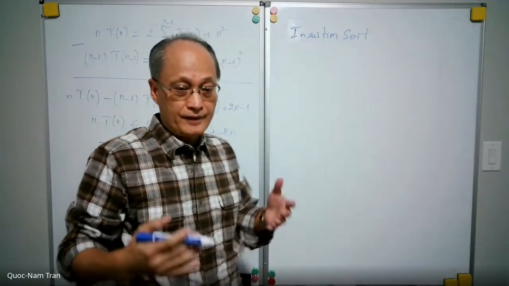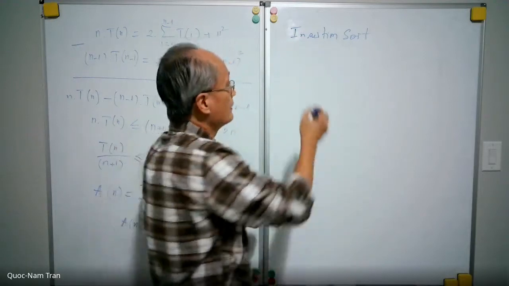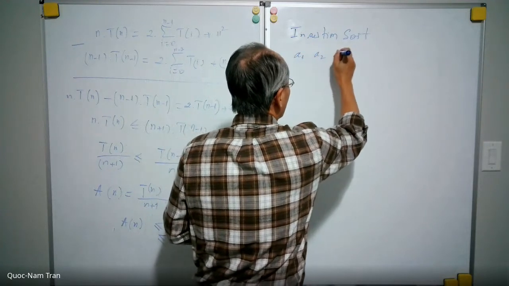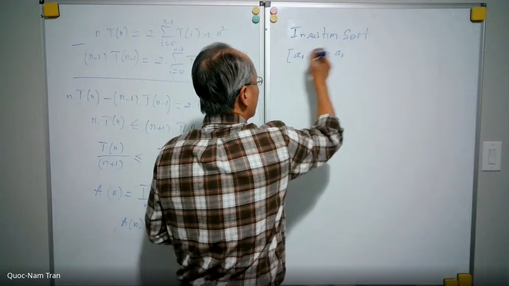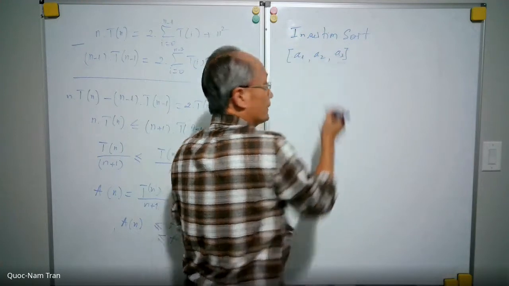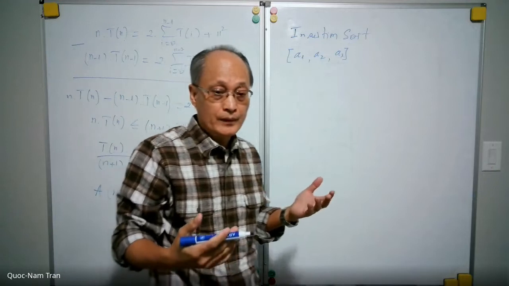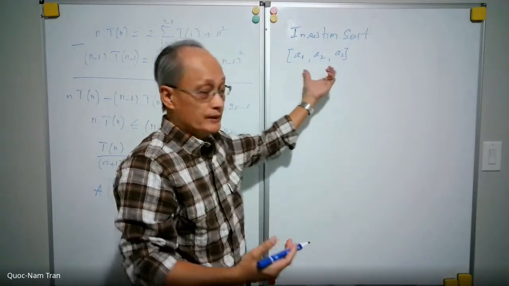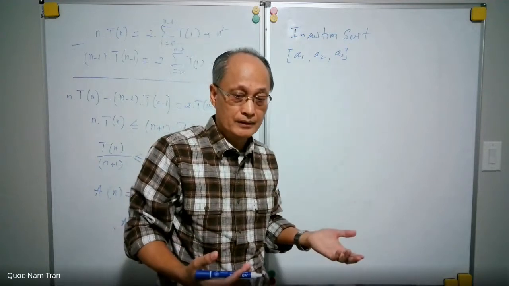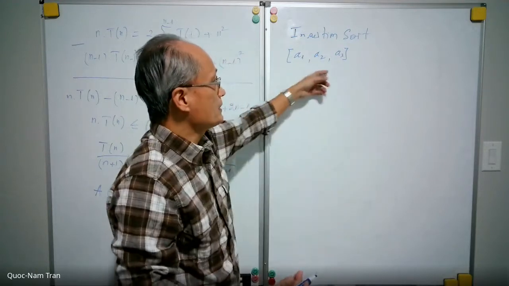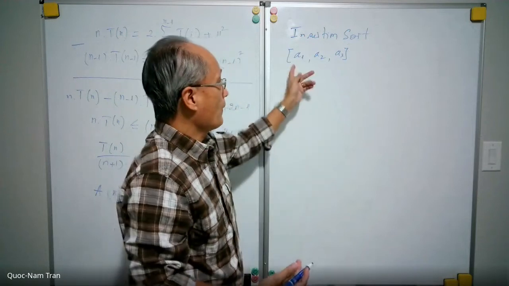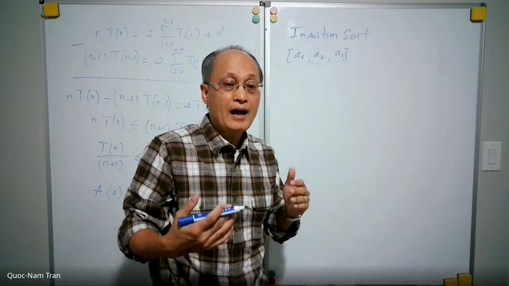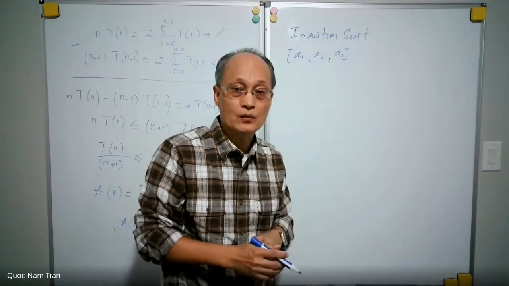So now if I have a list of 3 elements, say A1, A2, and A3, it's an arbitrary list of numbers as usual, right? So when we run the insertion sort, A1, A2, A3 can be any number, and we want to see, with the values of A1, A2, A3, how does the insertion sort work?